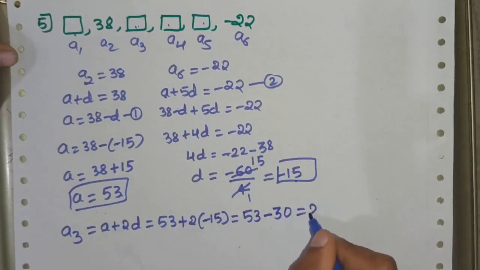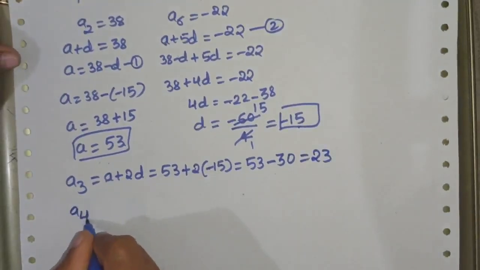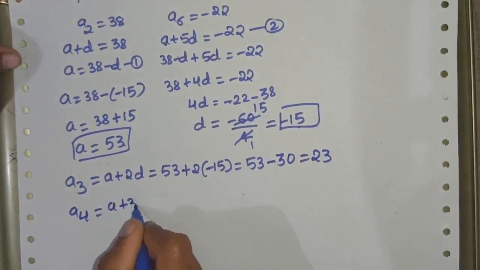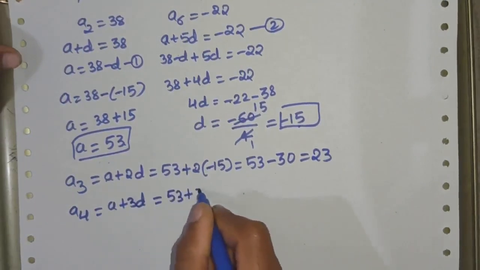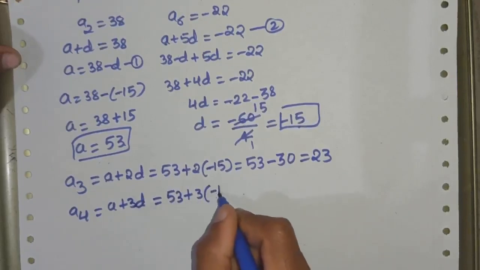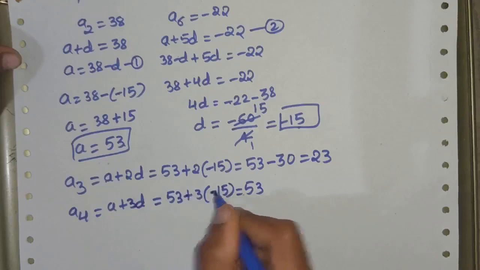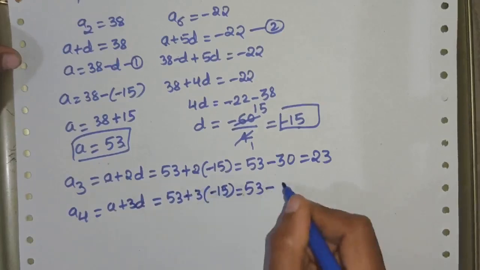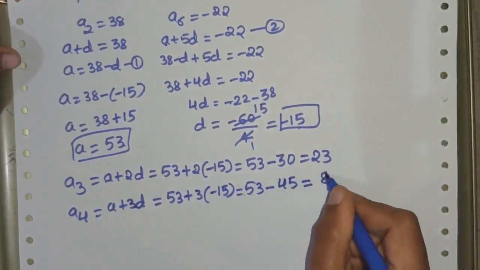This equals 23. This is the third term. Next, the fourth term is A plus 3D. It equals 53 plus 3 into D is minus 15, equals 53 plus into minus, minus 15 3s are 45. Yes, this equals 53 minus 45 is 8.